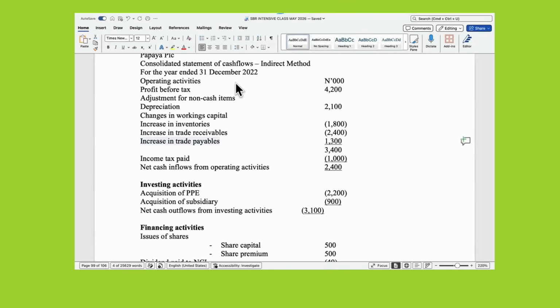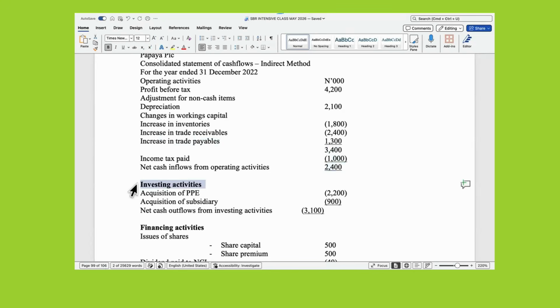So I accumulate all of this together to get this. This is like my cash profit already. But I need to deal with the tax, and I've gotten that there was an outflow of 1 million. So this gives me my net cash inflows from operating activities.